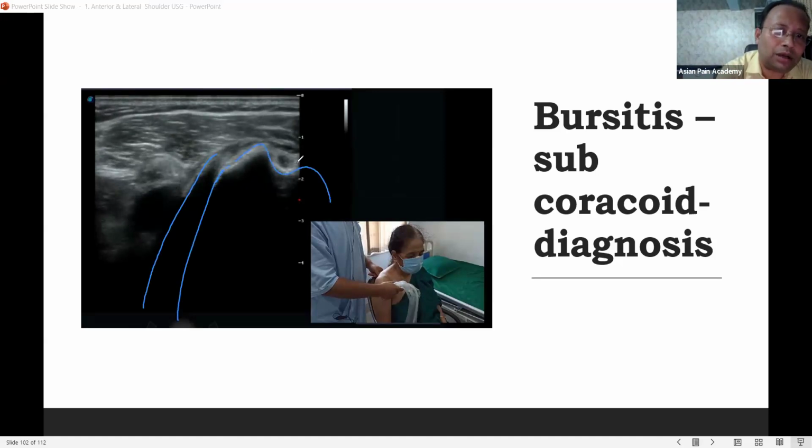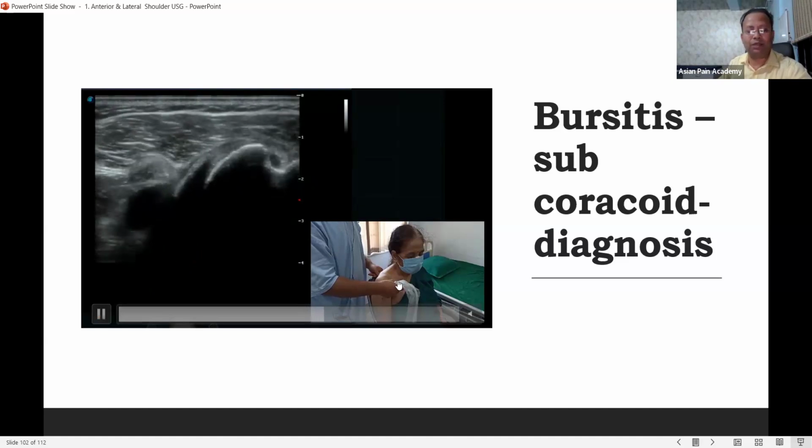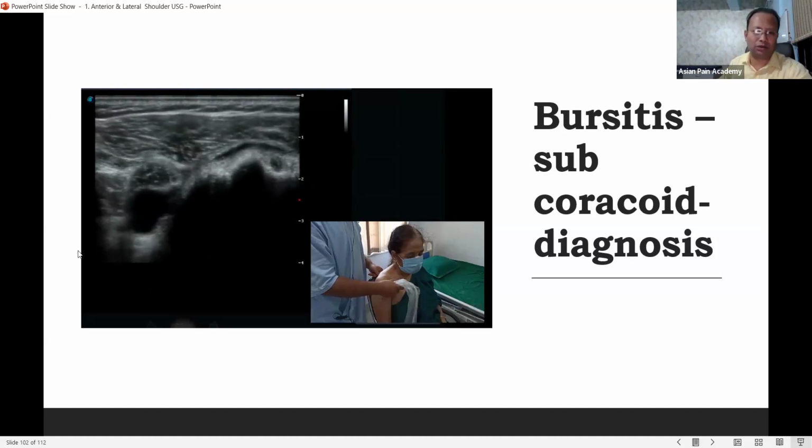So this is the fluid area. This is the subscap, and this is the lesser tuberosity. In a short axis manner, the fluid is here. So this is subcoracoid bursa effusion, not subscapular.